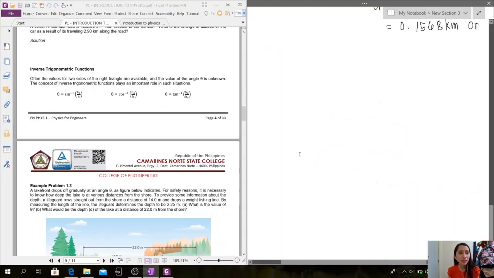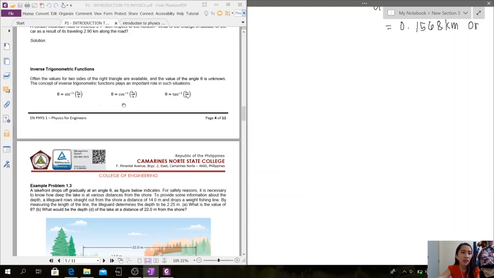Now, let's proceed to the inverse trigonometric function. Sometimes, given na yung sides, no, right triangle, and we are asked to find the angle. So, this inverse trigonometric functions will help us solve for the unknown angle. We have here the arc sine, the arc cosine, and the arc tangent.